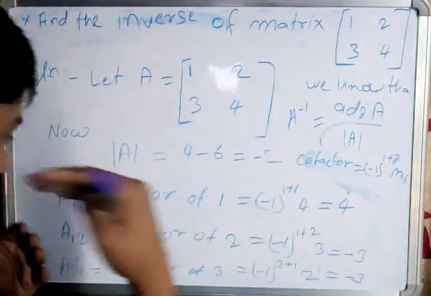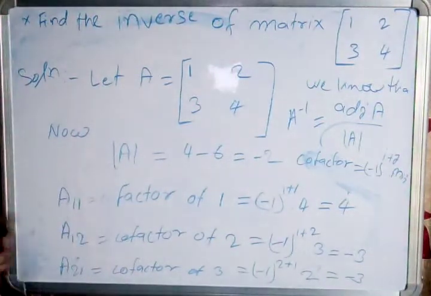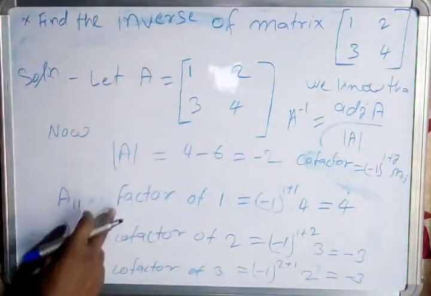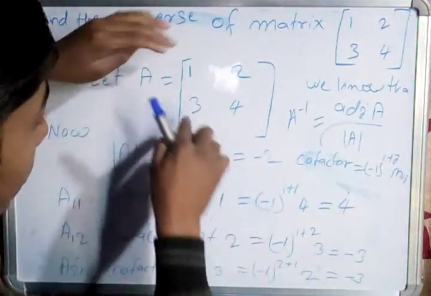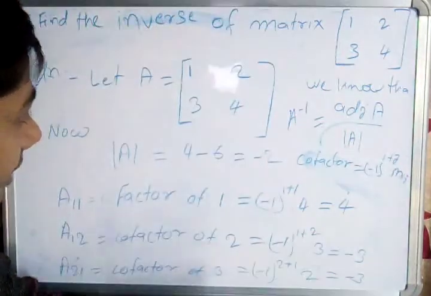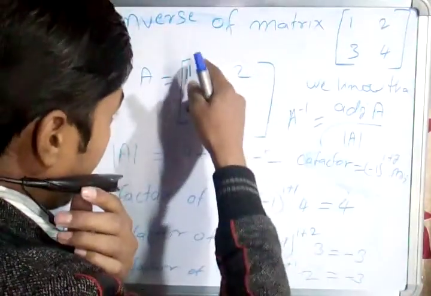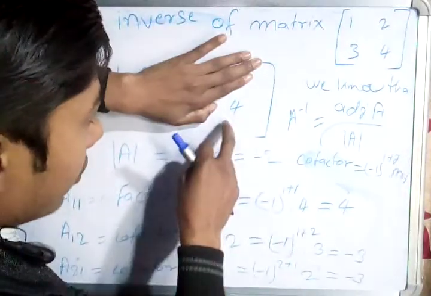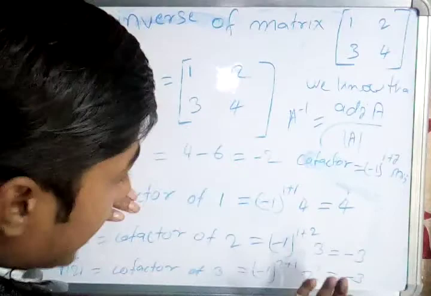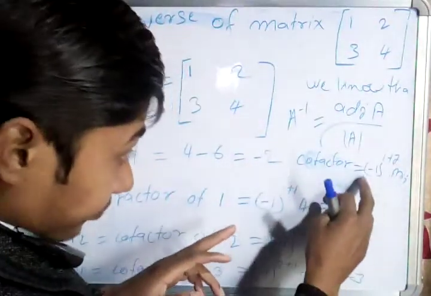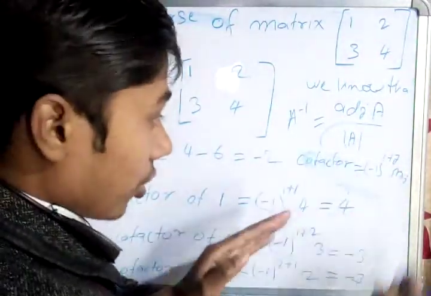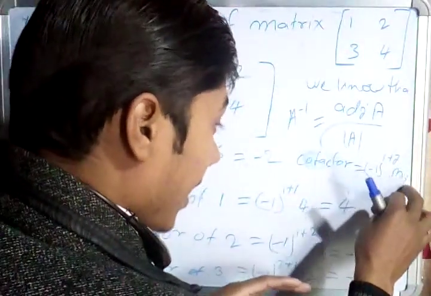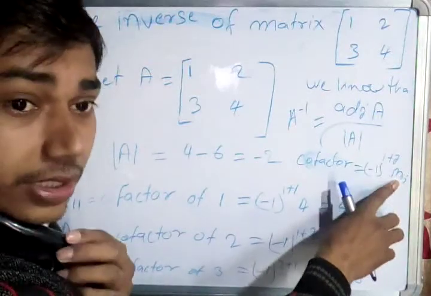Here the cofactor A11, the cofactor of the first element 1: delete the first row and first column, and the left element is 4. So 4 is the minor, and the minor is multiplied by (-1) to the power of the sum of row and column, where i is the row and j is the column.